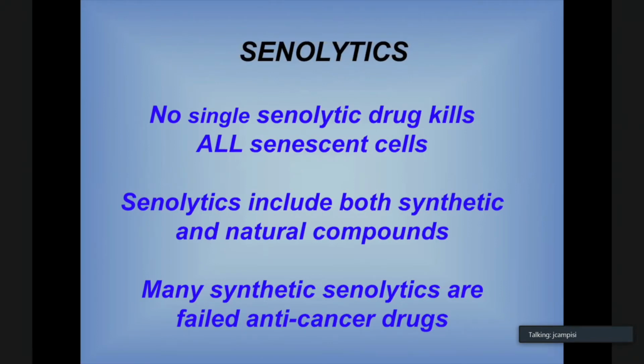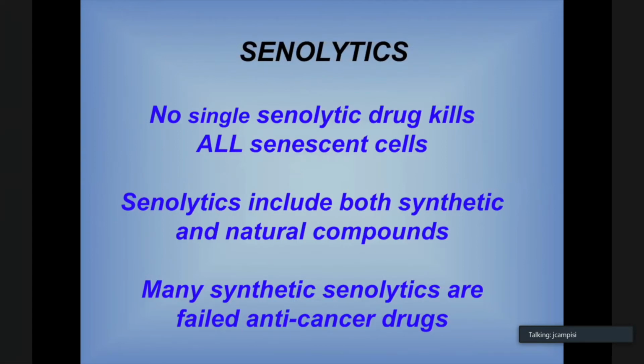And this is interesting because there's a huge difference between the strategy behind killing senescent cells and killing cancer cells. If you want to cure cancer, you pretty much have to kill every cancer cell. Otherwise, the cancer will recur. But we now know from the transgenic mouse models, as well as from the mouse experiments, that it really is not necessary to kill every senescent cell.